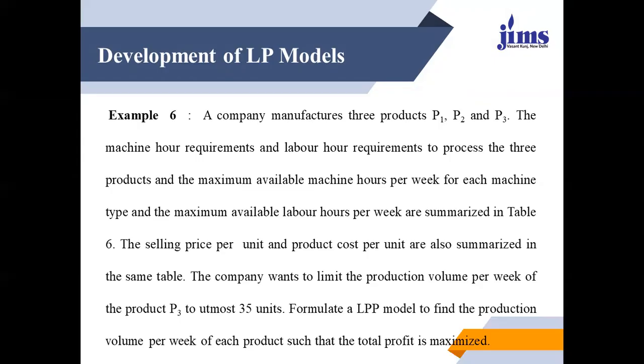The company wants to limit the production volume per week of the product P1 to maximum 35 units. So you have to formulate a linear programming model to find the production volume per week of each product, so that the total profit of the company is maximized. Obviously, when the profit is given, then we want to maximize the profit. So our objective function will be maximize Z is equal to profit.